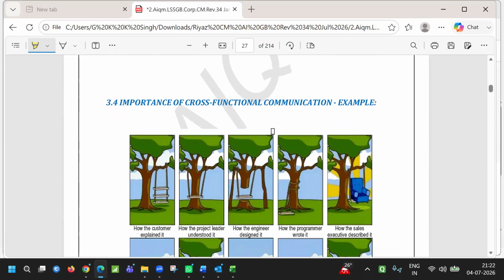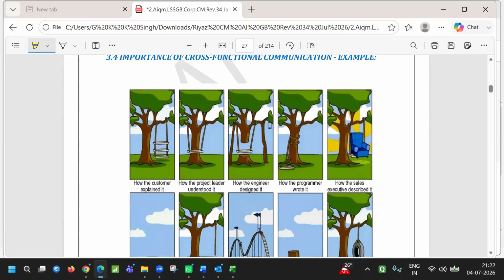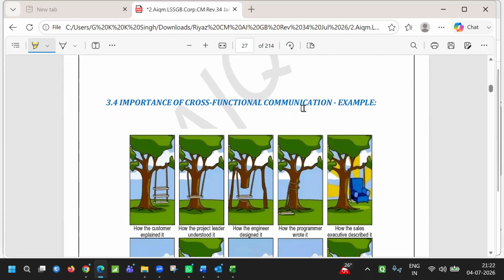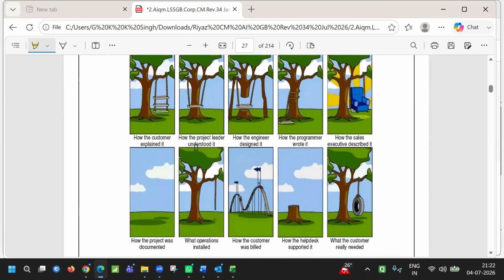So this is an example of what happens in an organization or in a project where the cross-functional communication is missing. This is an example of an IT project.